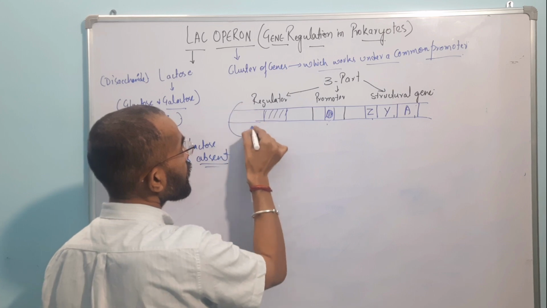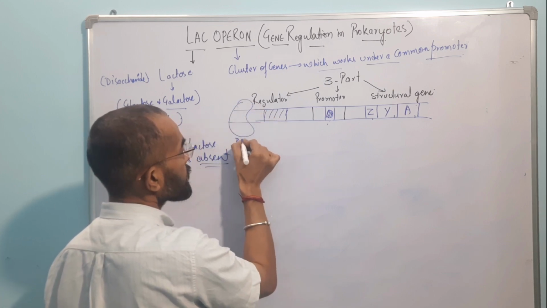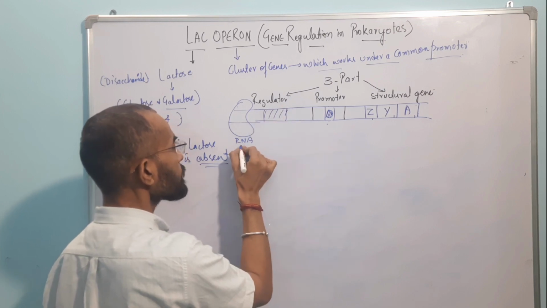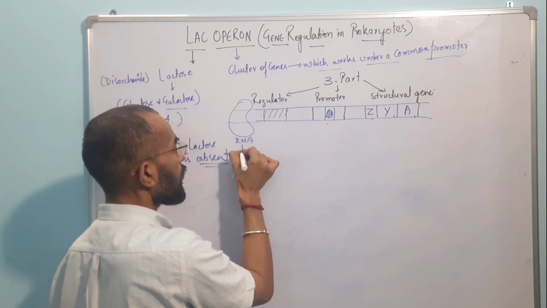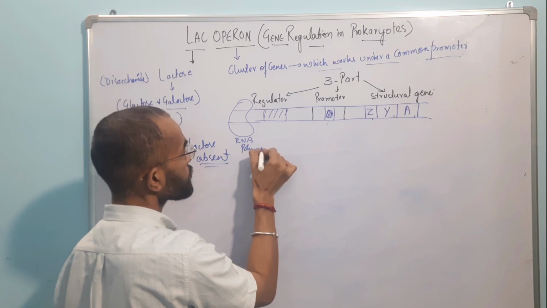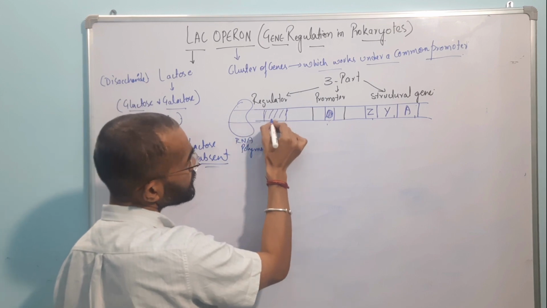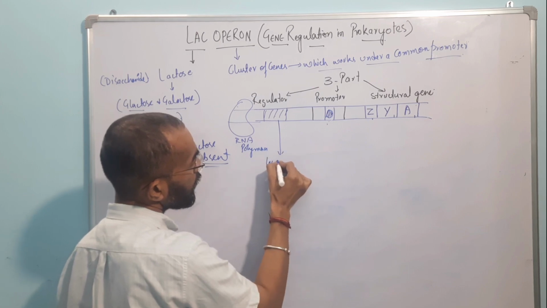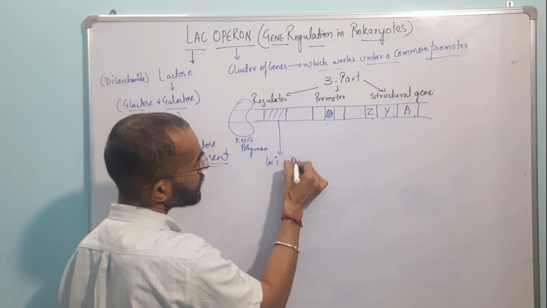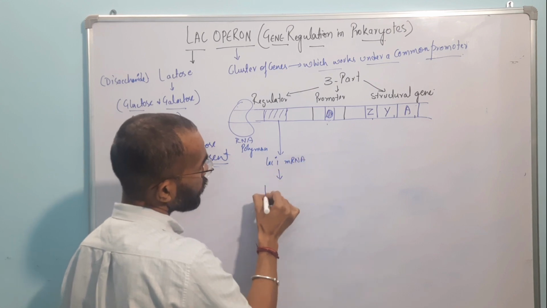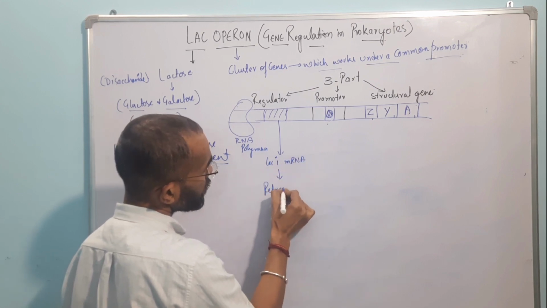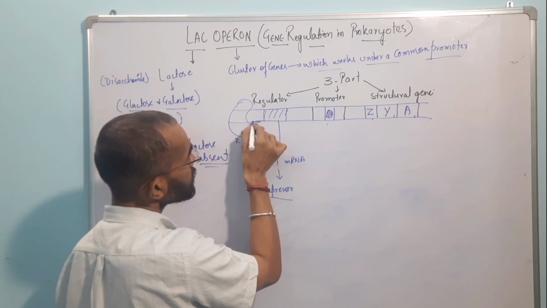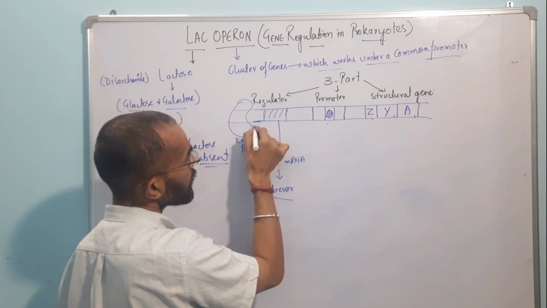Then RNA polymerase comes to transcribe this DNA molecule. Got it? RNA polymerase transcribes lac I mRNA, and this mRNA forms repressor because there is no hindrance for RNA polymerase.